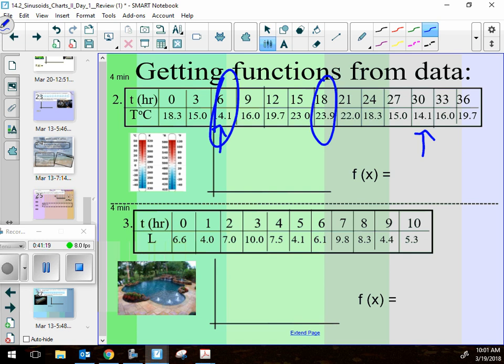So how long did it take? How many hours did it take to go from 6 to 18? 12 hours. Is the period 12? It's not. What's the period? 24 hours. That center line goes between 14.1 and 23.9.